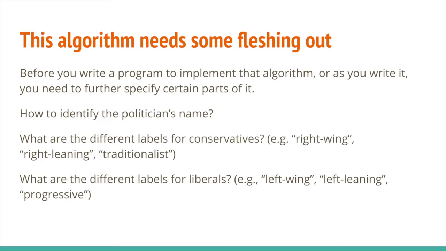Before we would write a program to implement the algorithm, we need to further specify certain parts of it. For example, how to identify the politician's name. Nunberg used Boxer as one of his politicians, Senator Barbara Boxer.